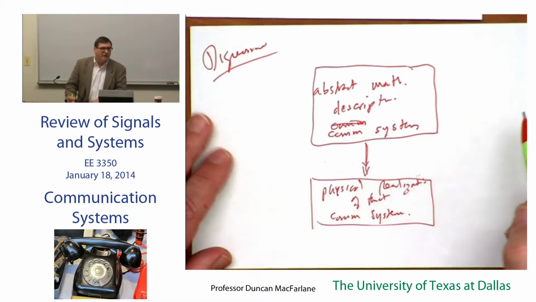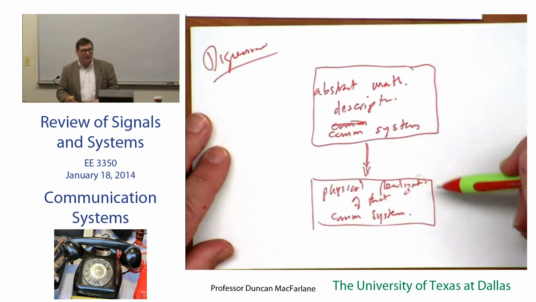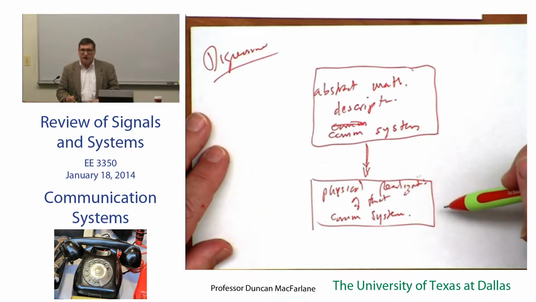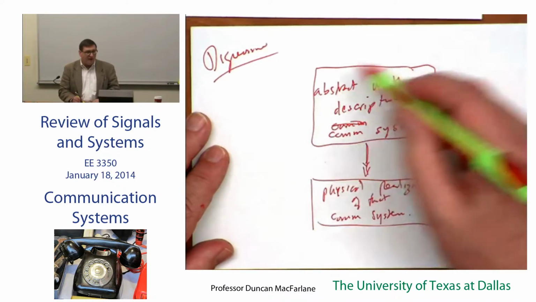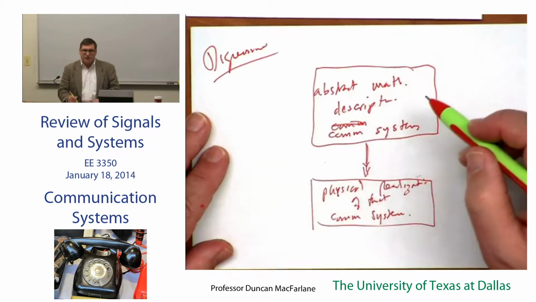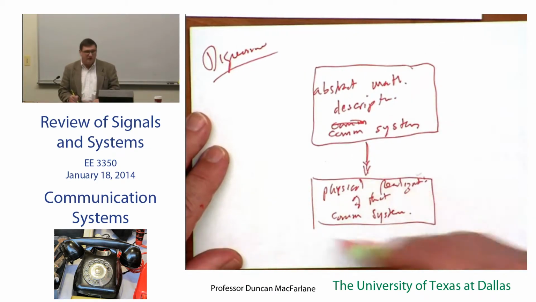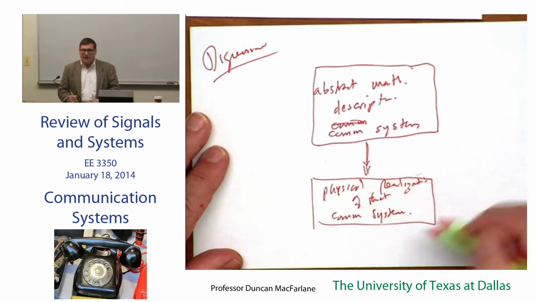And the reason I point that out is, again, I want to show you what the elements of the modeling problem that we're working on in comm systems are, and I also want to show you where difficulties can arise. The difficulties can arise from the abstract mathematics. Once you've sorted those out, you're still not home, because then when you realize them, you've got a whole bunch of physical realities, physical impairments, physical limitations for those guys.